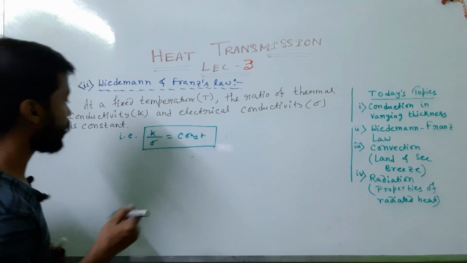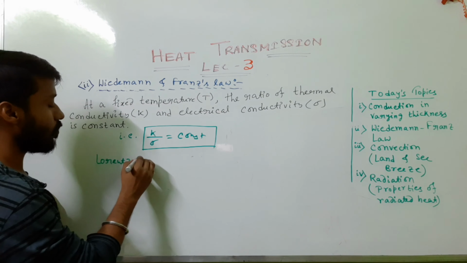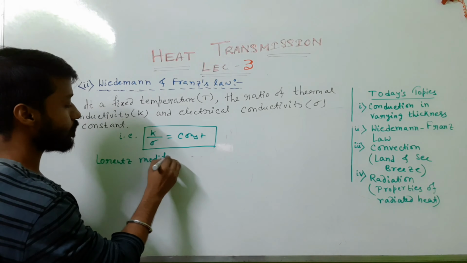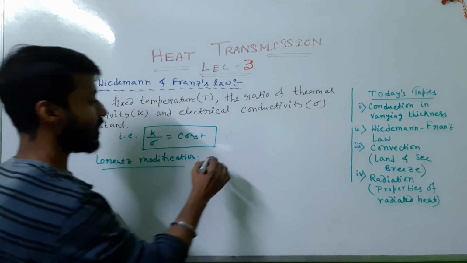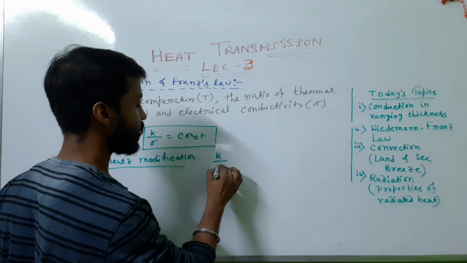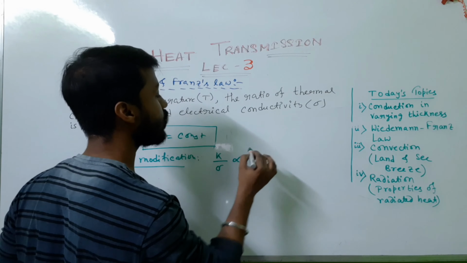But Lorentz modified this form. According to the Lorentz modification, Lorentz concluded that K by sigma, that is this ratio, is proportional to the temperature.